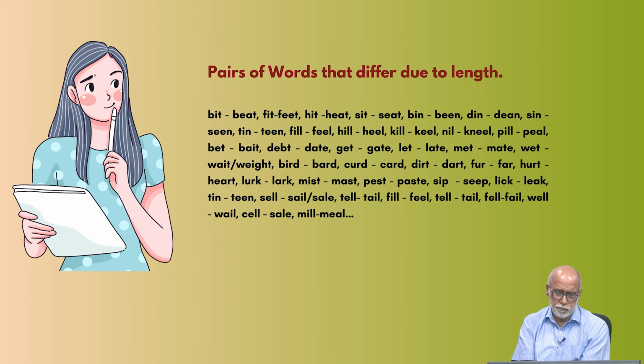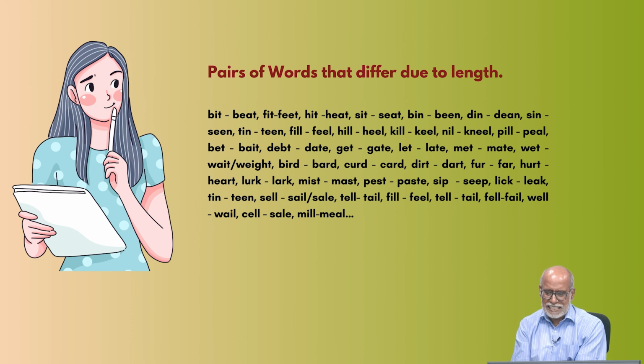For example, here we go, short vowel first, long vowel next. So, it is wit, it is bit, beat, sorry, bit, beat, fit, feet. Mark how the length, how your lips are spread.